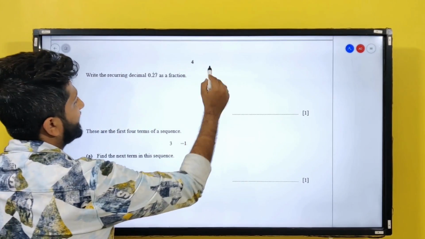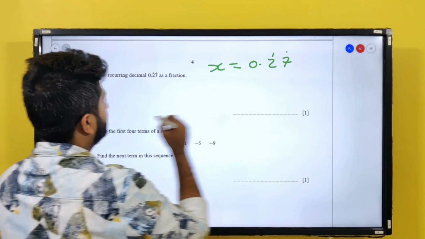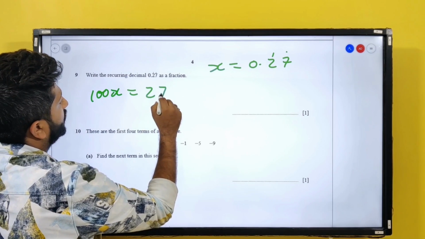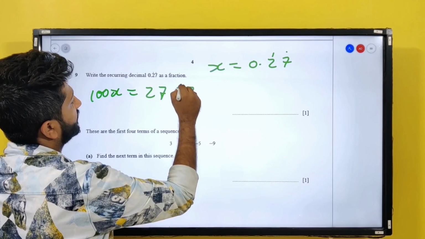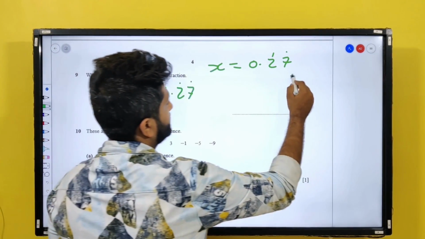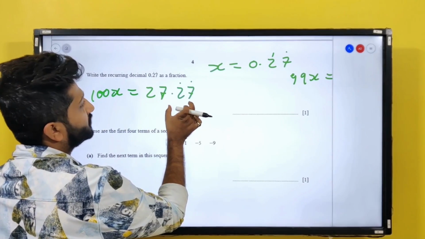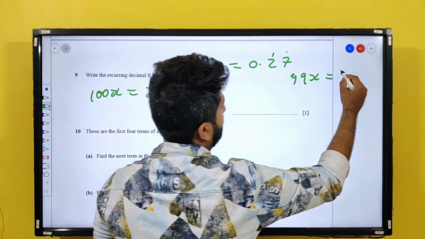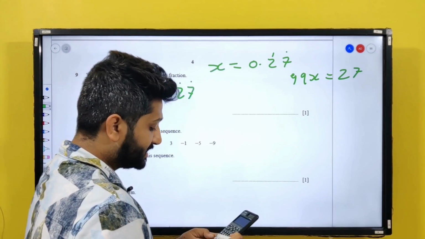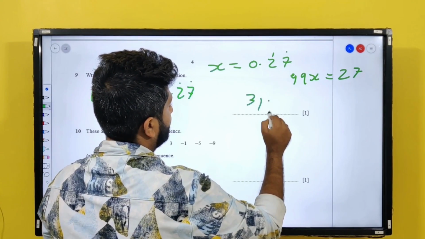So if my x is 0.27 recurring, then my 100x is going to be 27.27. Subtract 100x minus x, which is your 99x, equals 27.27 minus 0.27, which is 27. So your x is 27 upon 99, which is 3 by 11.